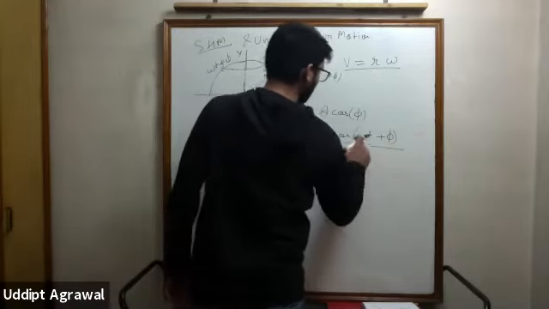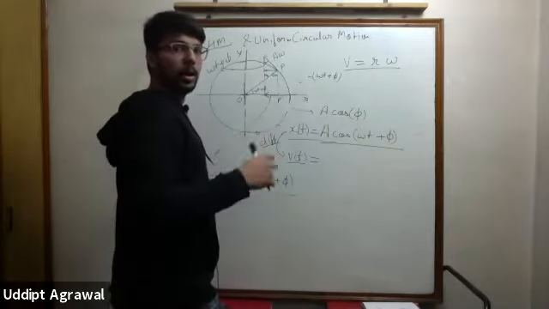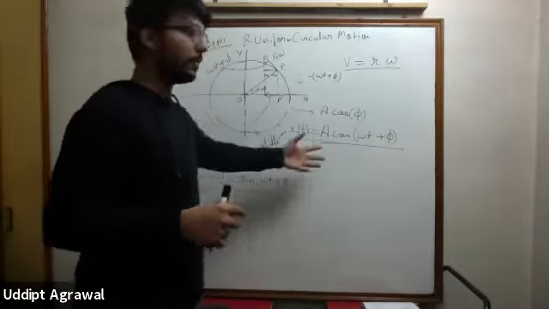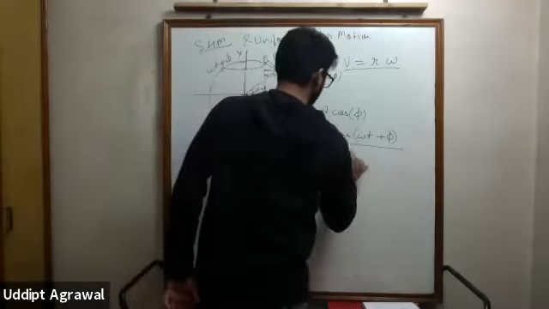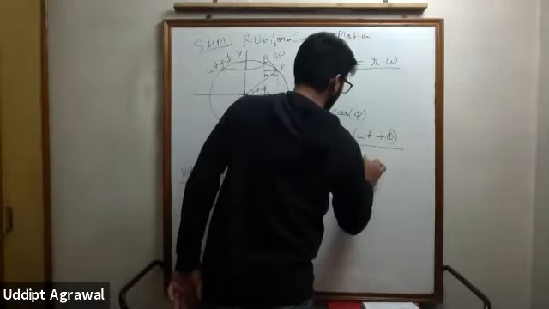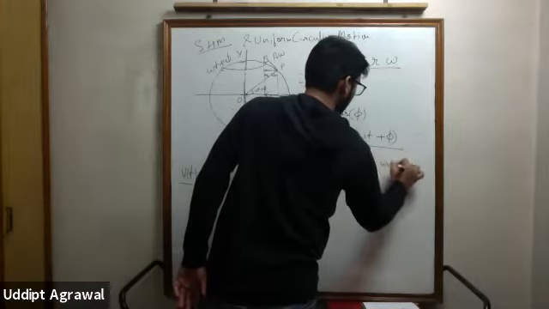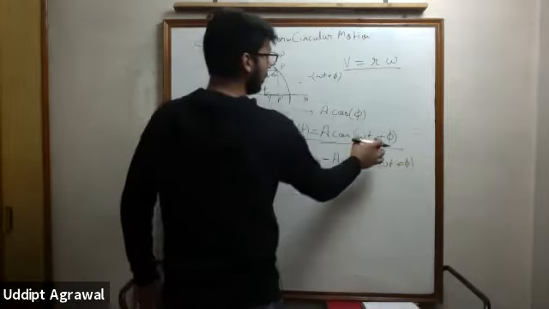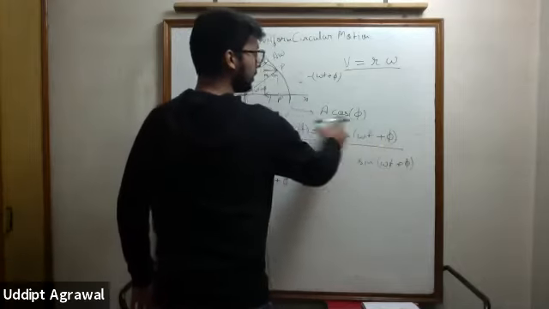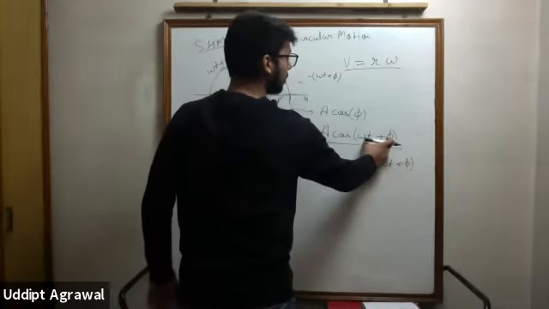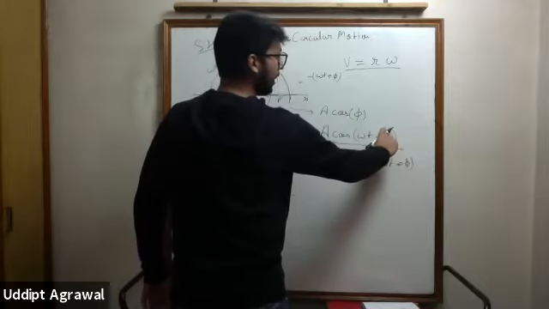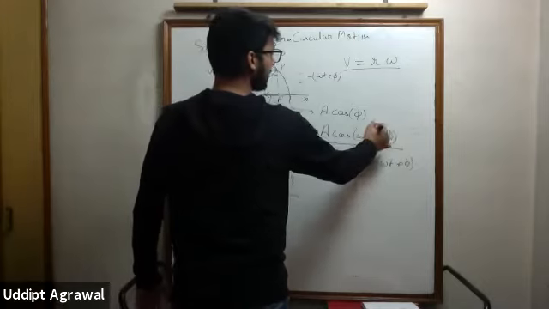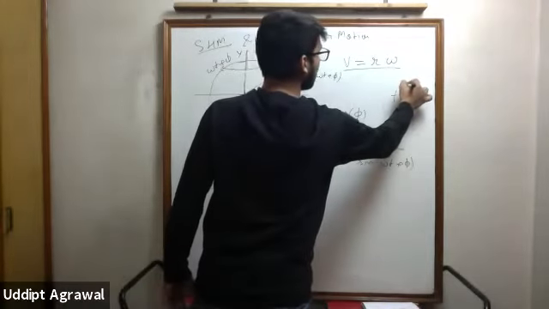So first we will do that. Basically in differentiation we go deeper and deeper with every point. So first will be a sine omega t plus phi, which will give me a negative sign as well. Now this is another function inside of this whole function, so I will differentiate this function also. Differentiating phi, it will be 0. In differentiating t, t to the power 1 becomes t to the power 1 minus 1.